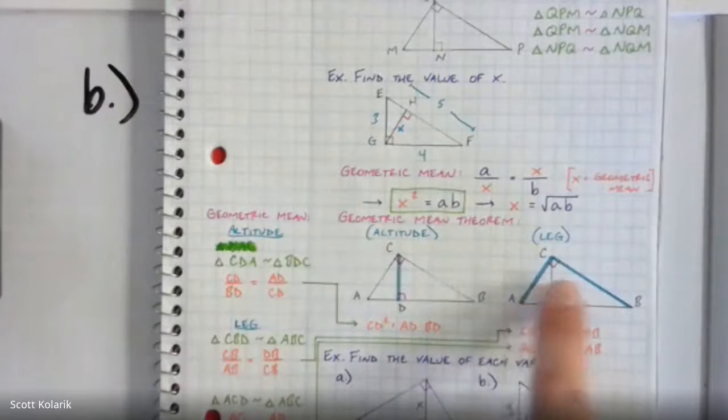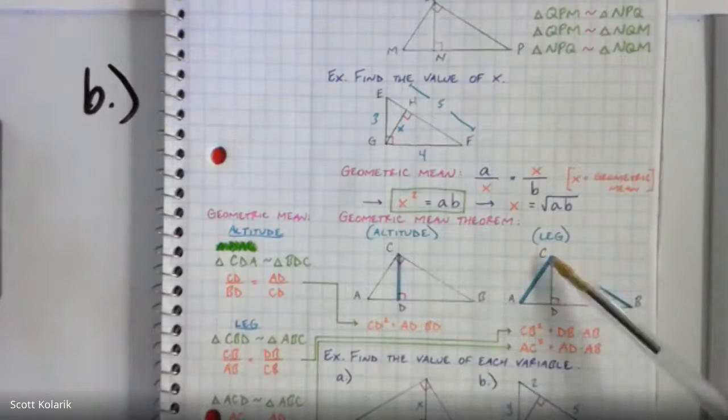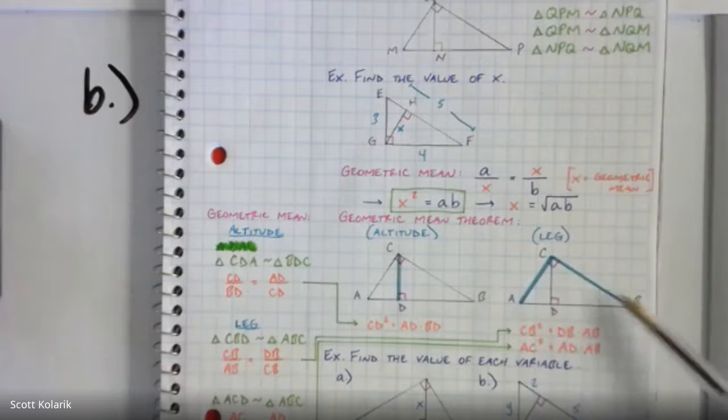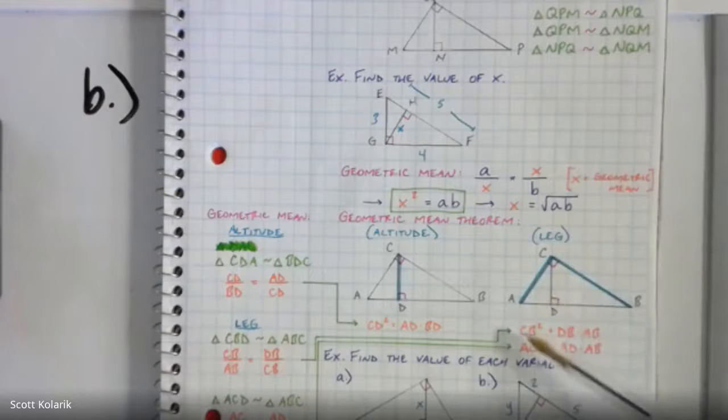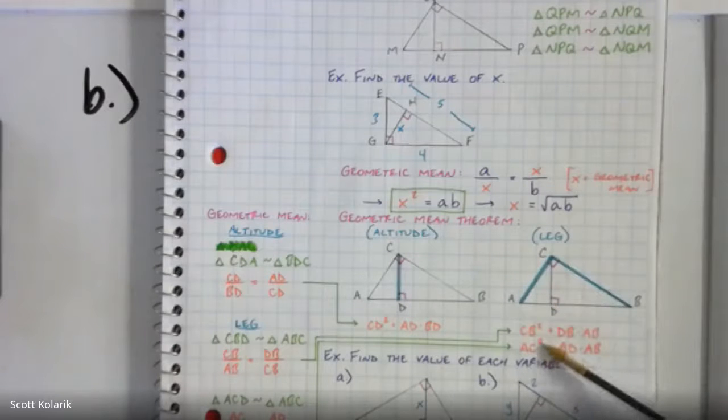In this case, I'm going to be using one of the two leg formulas. It depends on which leg I'm looking at. In this example, I'm dealing with the short leg, the shorter of the two legs. So I'm going to take this unknown value and square it, and it's going to equal the product of these two pieces.